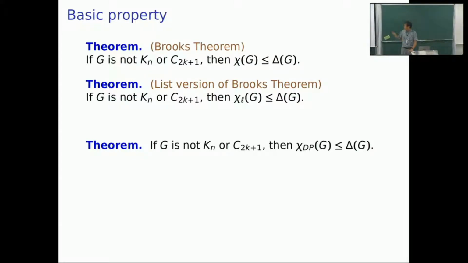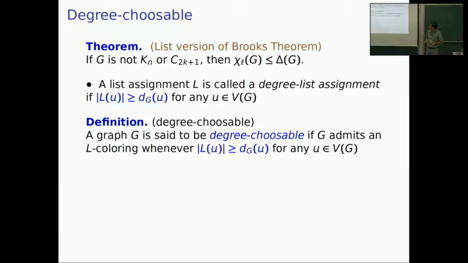I think the proof is basically based on the degenerate concept. When you're looking for an upper bound, we just count the number of bad neighbors, right? Also, we know the degree choosable concept. So if the list size is at least the degree, then it is still L-colorable.